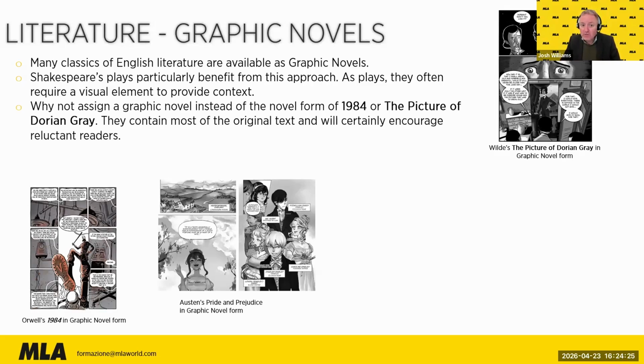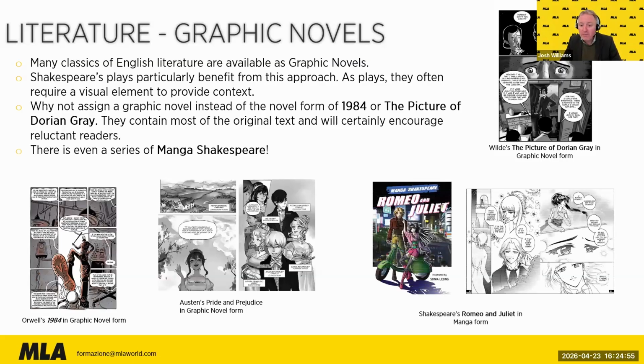They contain most of the original text, probably not all, but a good quantity of it, and they try to keep them quite close to the actual original words, and they certainly will encourage reluctant readers who might be a bit apprehensive when they come across a big thick book, but the visuals will keep them going through.